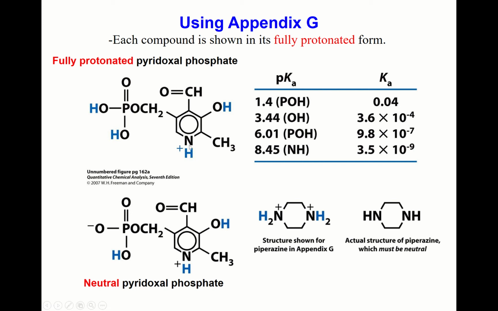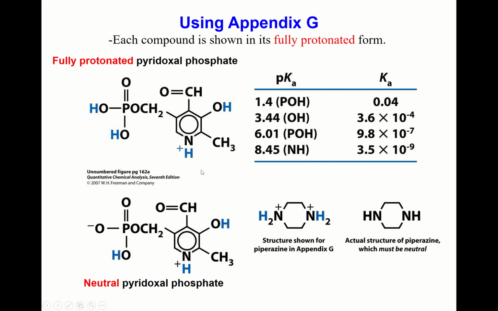So we can expect this molecule has 4 equilibrium constants: Ka1, Ka2, Ka3, and Ka4. We don't know yet which protons are more easily dissociated, but let's see.